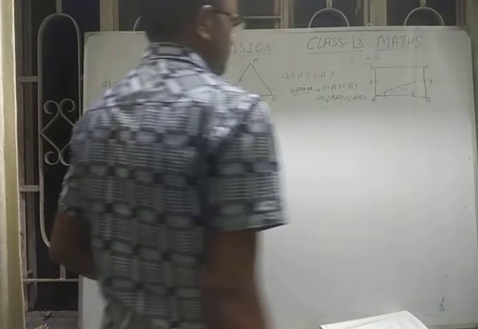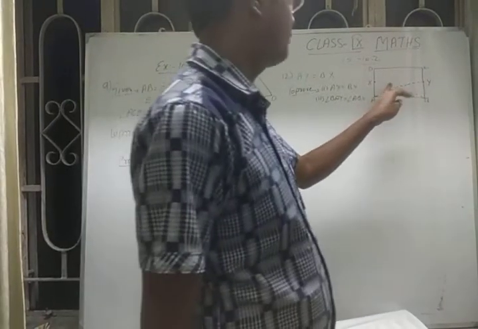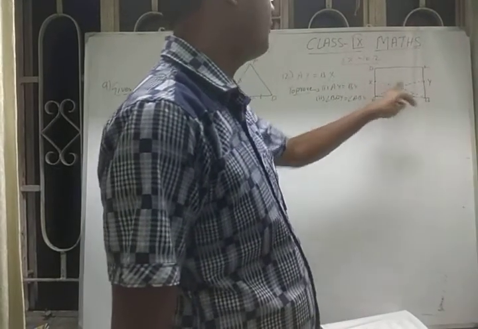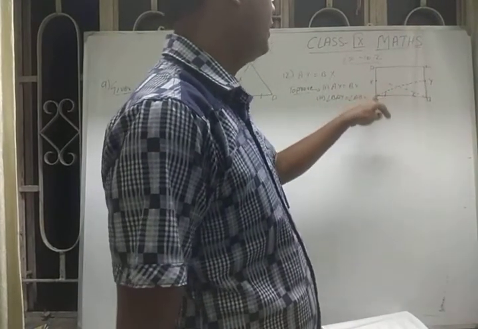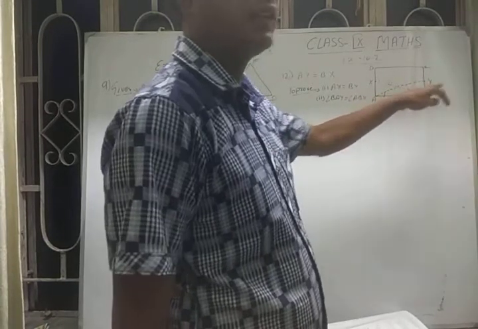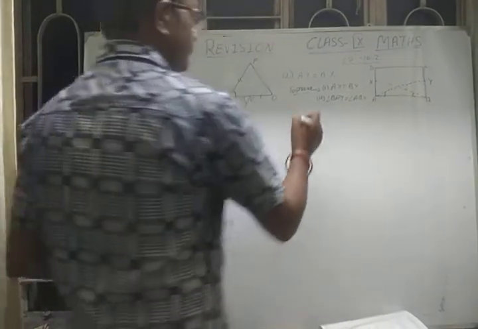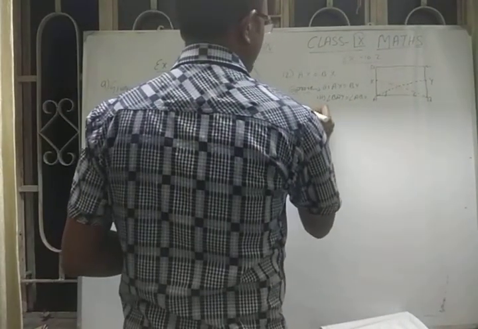You have to prove these two. That means you can clearly understand that we have to take triangle ABX and triangle BAY. So what you write is the proof.